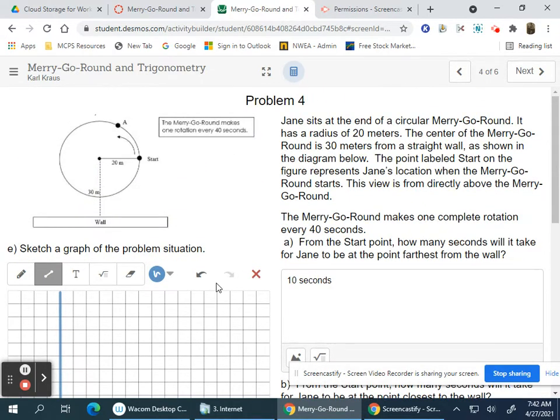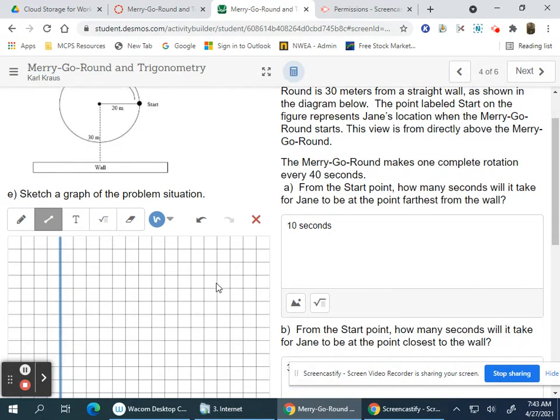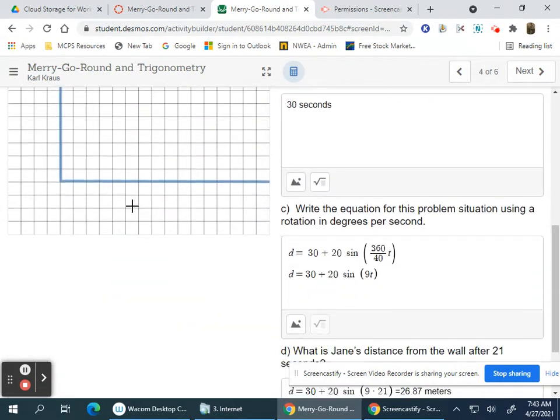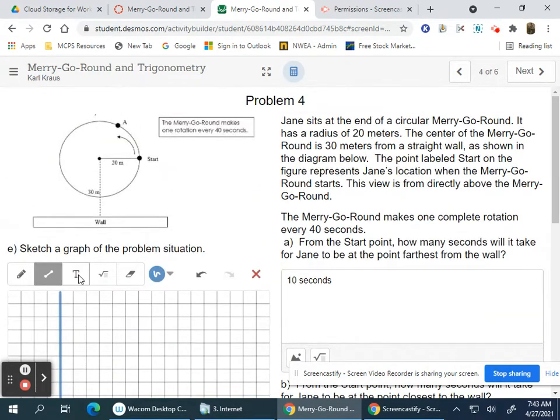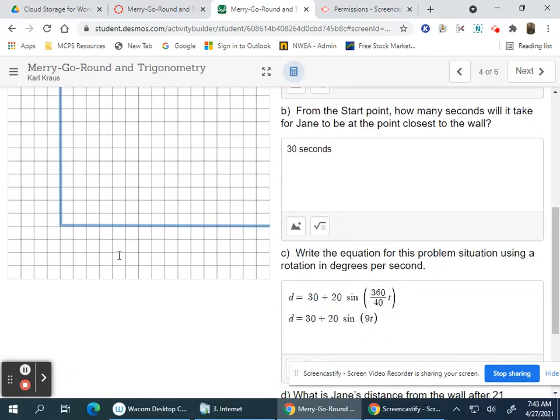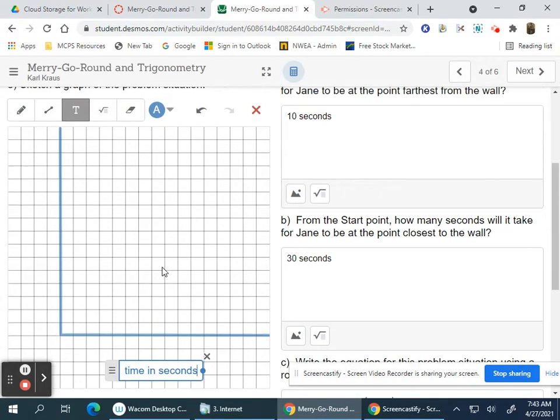All right, and then at the bottom here, you get a text box. This can be time in seconds. And over here, this is distance.